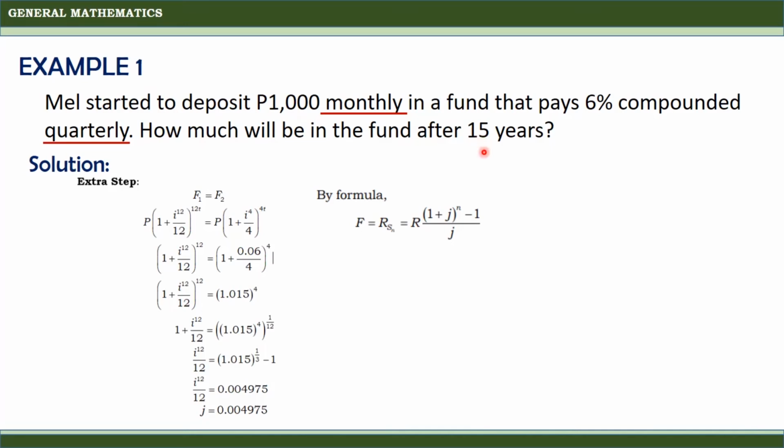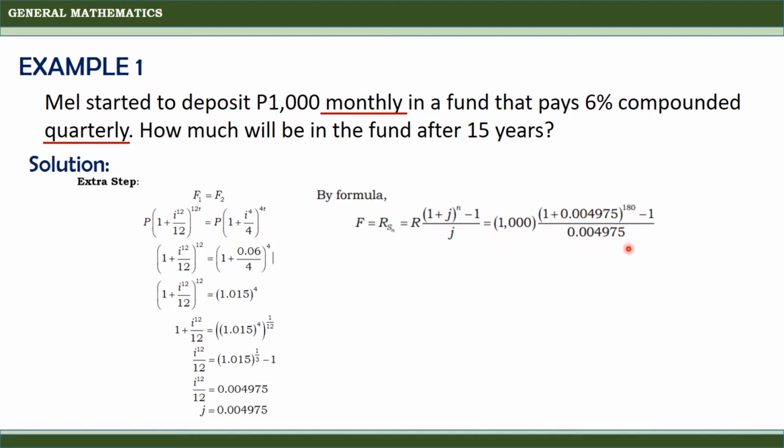By substitution, we will have 1,000 times the quantity 1 plus 0.004975 raised to 180 minus 1 all over 0.004975.